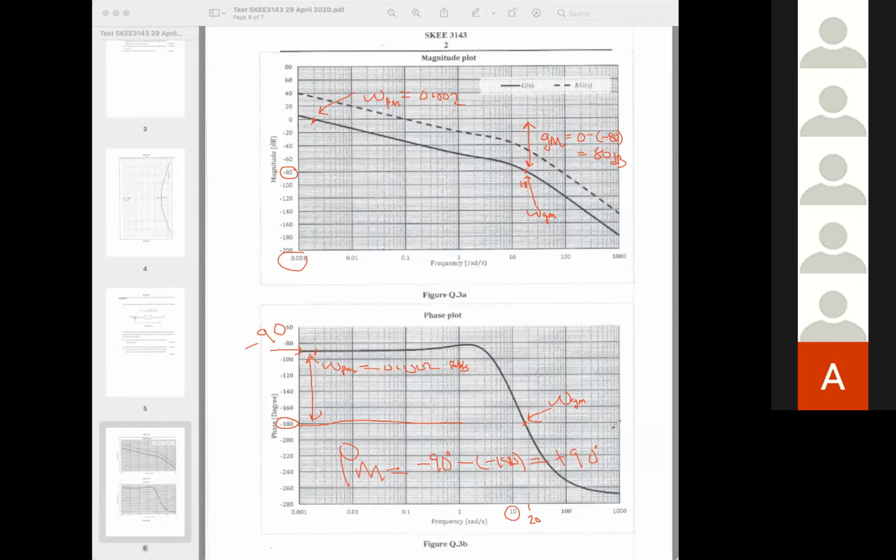Omega GM, the gain crossover frequency, is 18 radian per second. What is the value of omega PM, the phase crossover frequency? 0.0002 radian per second. Okay, so that is the concept of gain margin and phase margin. Good.